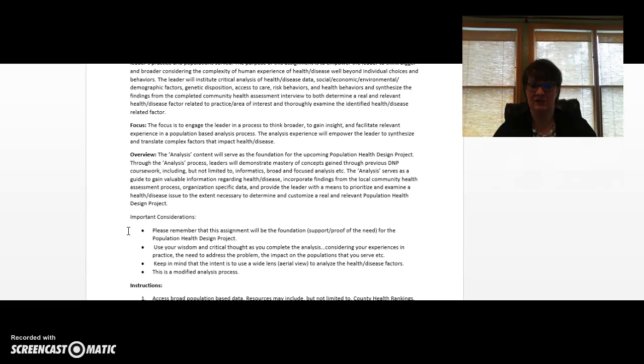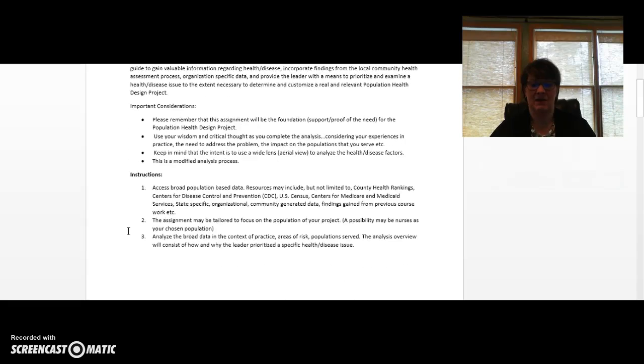So all of those factors tie into this, and just know that this is a very modified assessment process, because usually a population-based assessment takes a period of over several months to truly complete, with all the different facets of the assessment process.